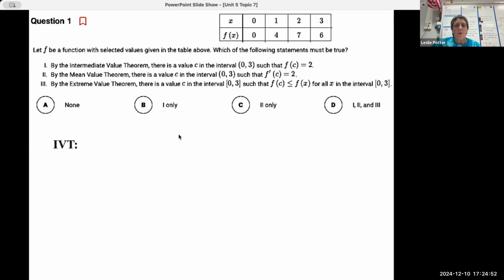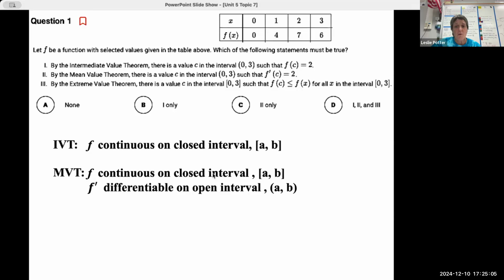So quick review here. The intermediate value theorem, that's the first one we learned: f is continuous on a closed interval of a to b. The mean value theorem: f must be continuous on the closed interval and differentiable on the open interval. And for the extreme value theorem, f just needs to be continuous on the closed interval.